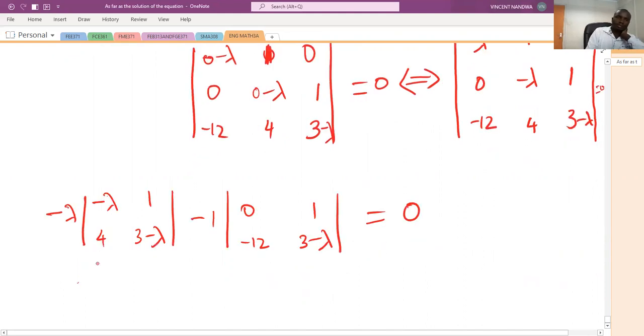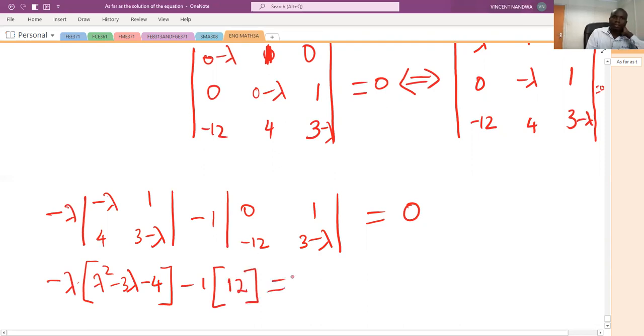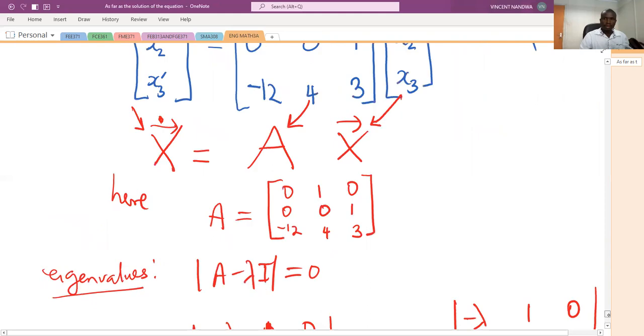So we'll have negative lambda times lambda squared minus 3 lambda minus 4, minus 1 times 0 minus minus 12, so it will be plus 12, equals 0.